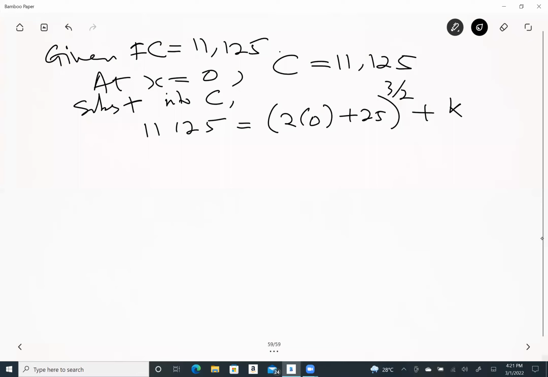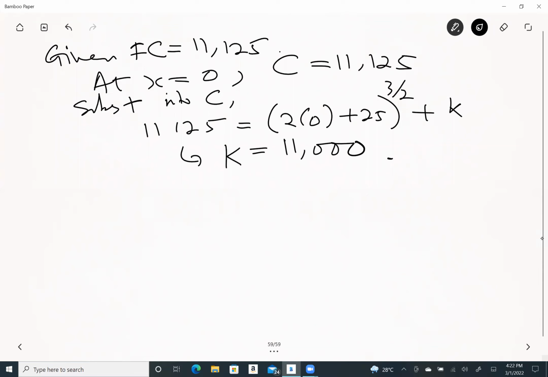At x equal to 0, it's 25 to the power of 3/2. If you look at the book, 25 to the power of 3/2 is equal to 125. You bring it there and work this out. I get K equal to 11,000.